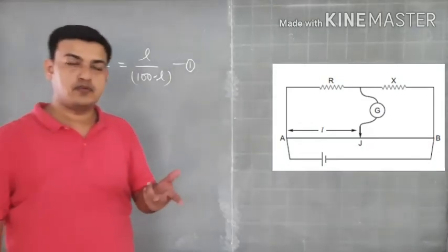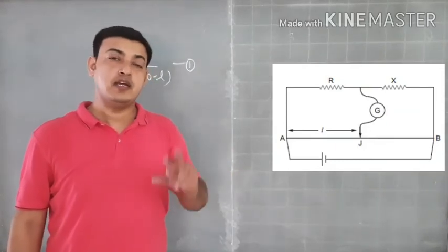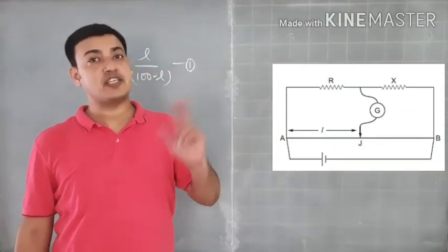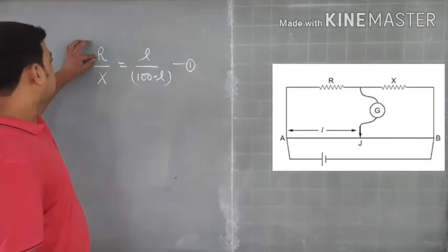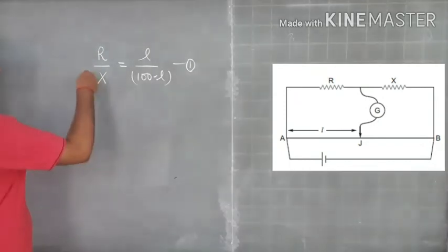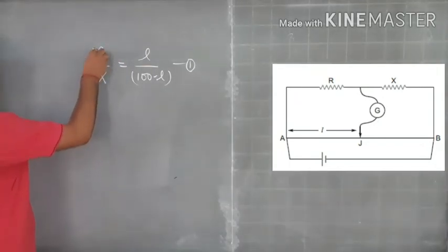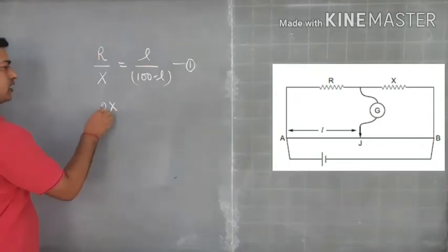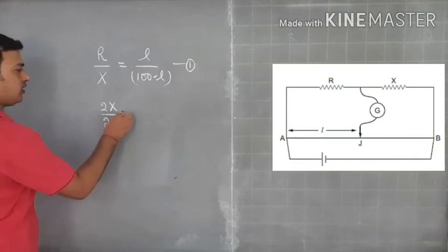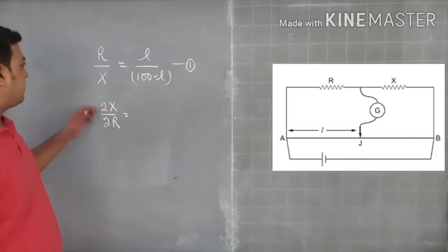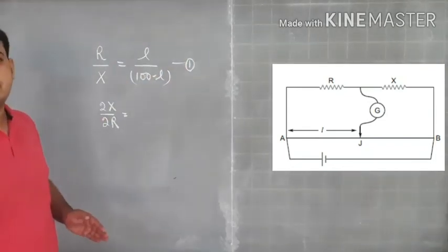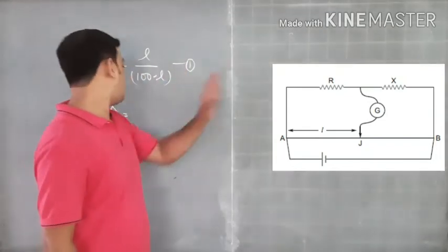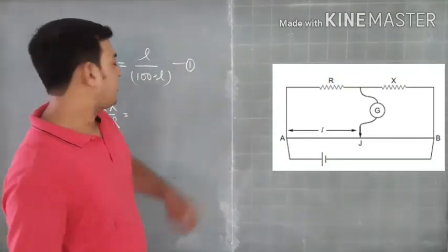But since the resistances are exchanged, in the place of R we are applying X, and in the place of X we are connecting R. So if you double and exchange, the ratio will be 2X by 2R. Since both are doubled and exchanged, now there will be X by R, because X will be on the left and R on the right.